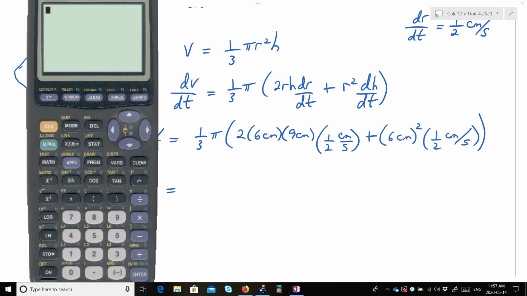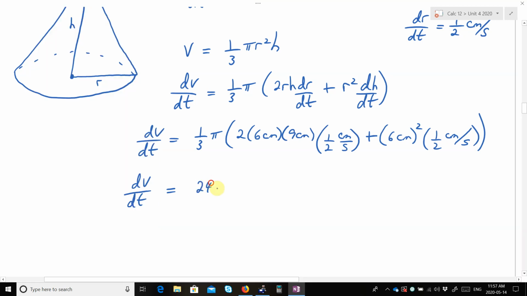I'll probably just leave the 1/3 pi for now. 2 times 6 times 9 times 1/2 plus 6 squared times a half. That gives us 72. Oh, that's divisible by 3, so it'd be 72 times a third pi. If I multiply that by 1/3, I'm going to nicely get 24. And then we still have the times pi. So this is going to work out to 24 pi. And notice the units are centimeters cubed per second.